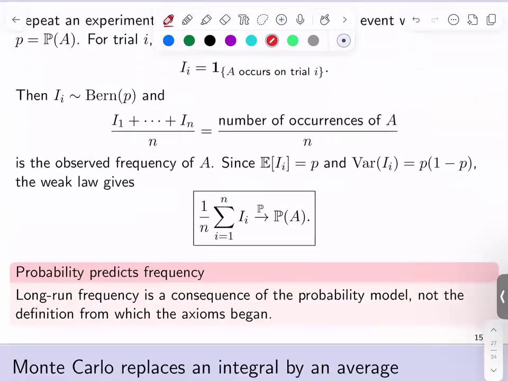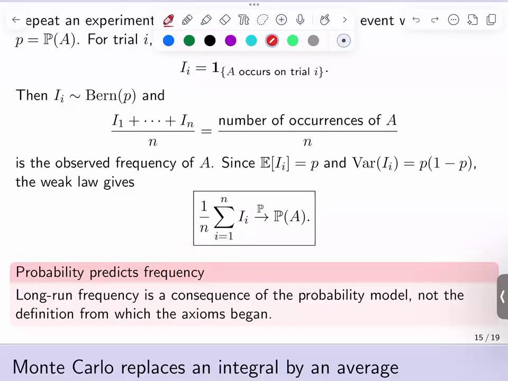Each one has this expectation and this variance, so it's an example of the weak law of large numbers for Bernoulli values. This captures the idea that long run frequencies converge to probability. It's like the frequentist interpretation of probability, but it is realized inside the model. We didn't assume that this is the meaning of probability.